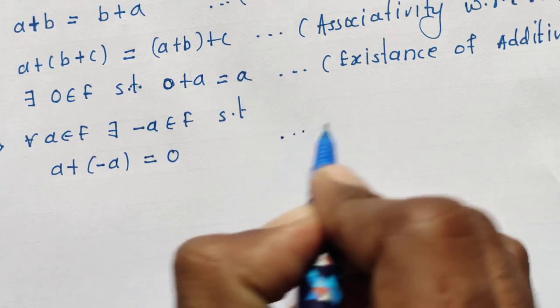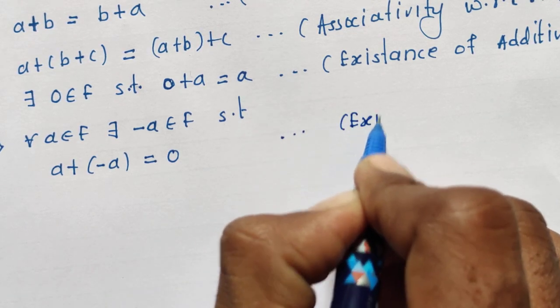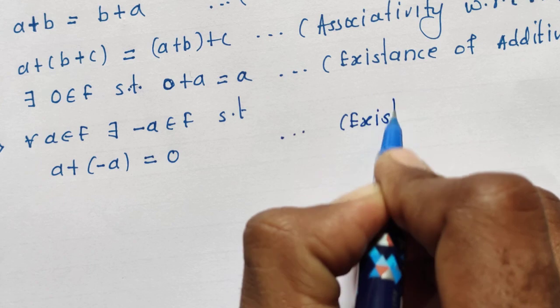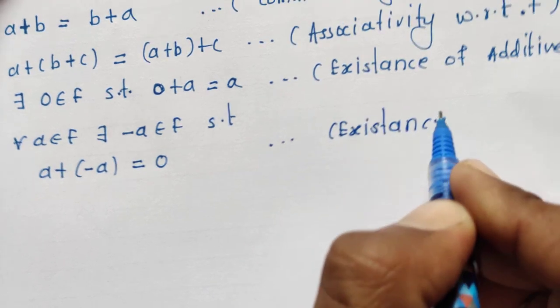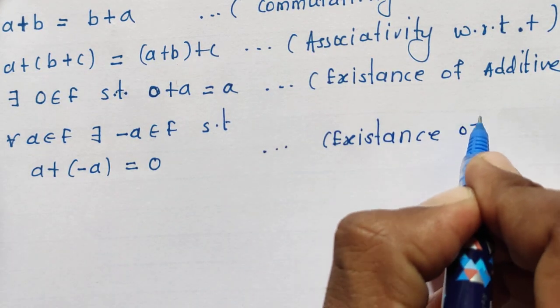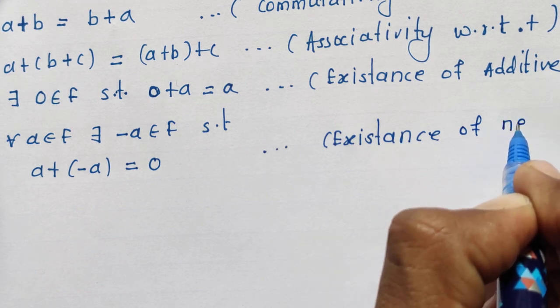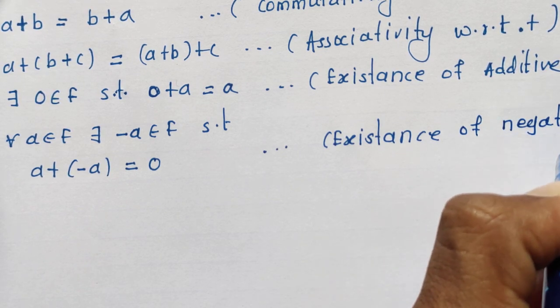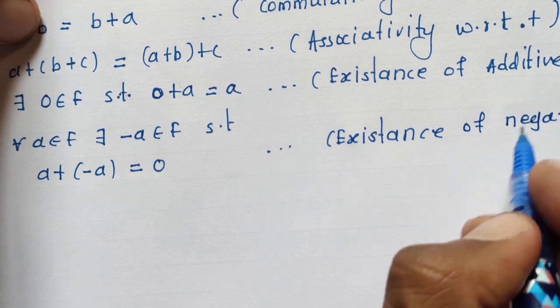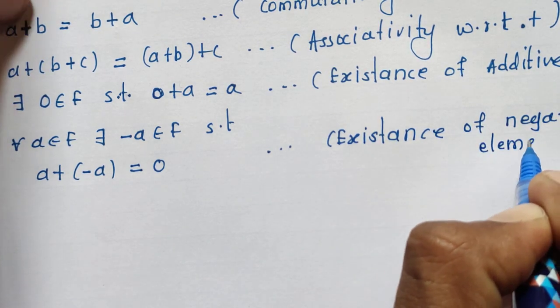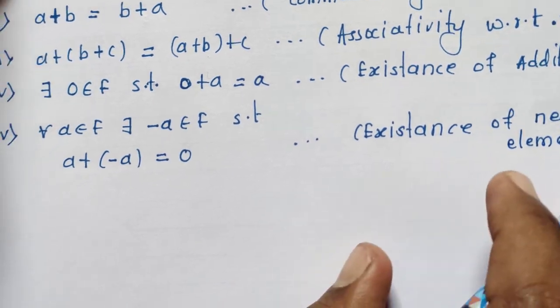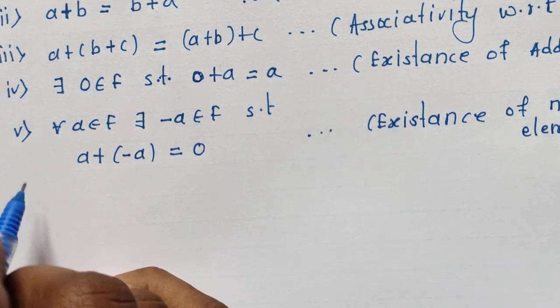This property is called existence of negative element. This is our fifth field axiom.